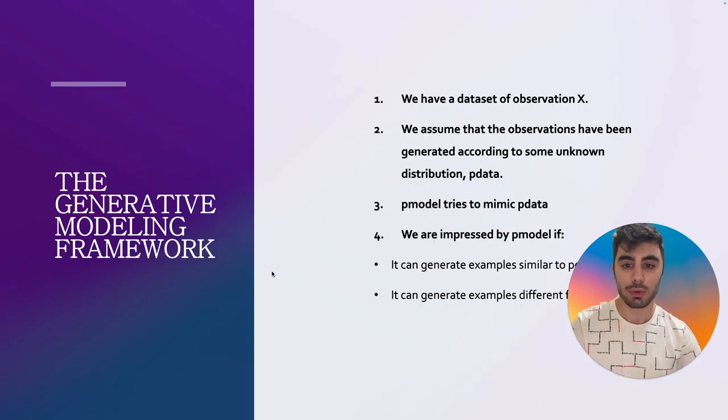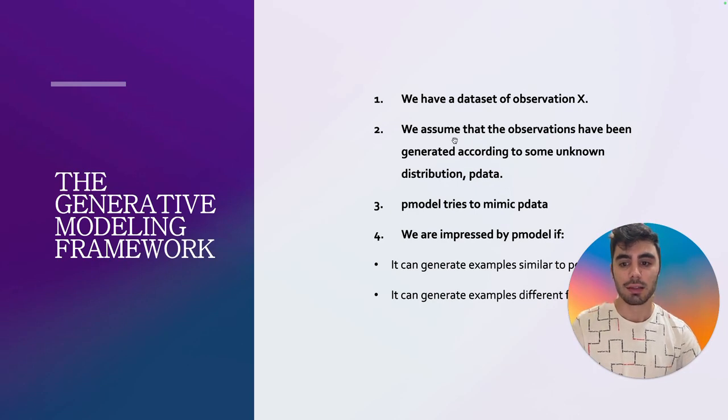So I will tell you what we expect from the model, okay? First, I want to repeat what I told you in the first slides. We have a data set of observations X. We have assumed that the observations have been generated according to some unknown distribution P data. And P model tries to mimic P data.